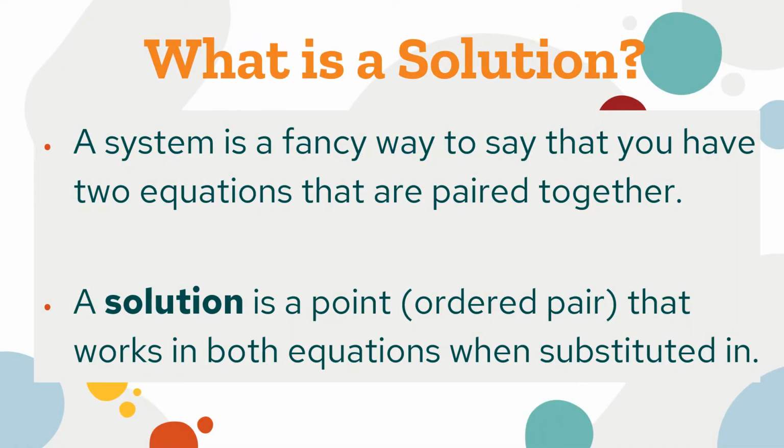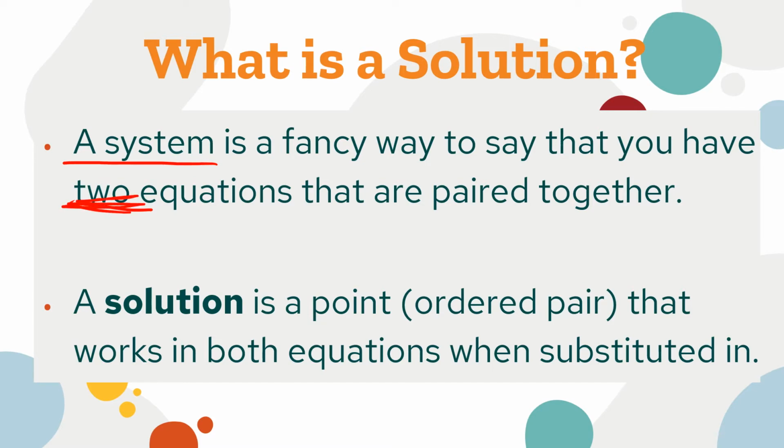So real quick, system of equations, this is new. This is one of our first videos for this unit. And so a system is just a fancy way to say that you have two equations paired together, right? A system can evolve into 3 equations together, can be 4 equations together. In our class, we're going to concentrate on just 2.